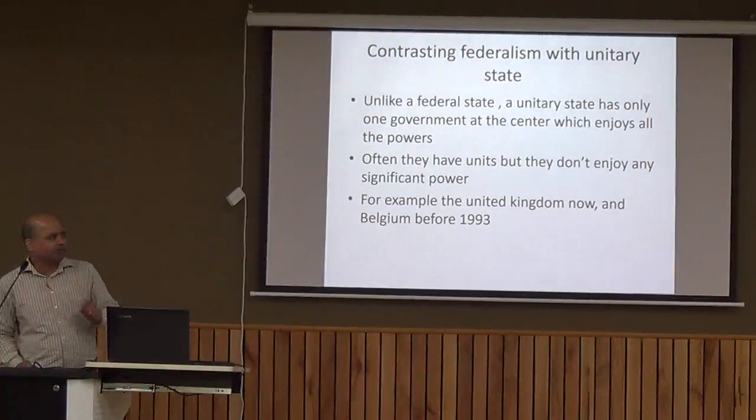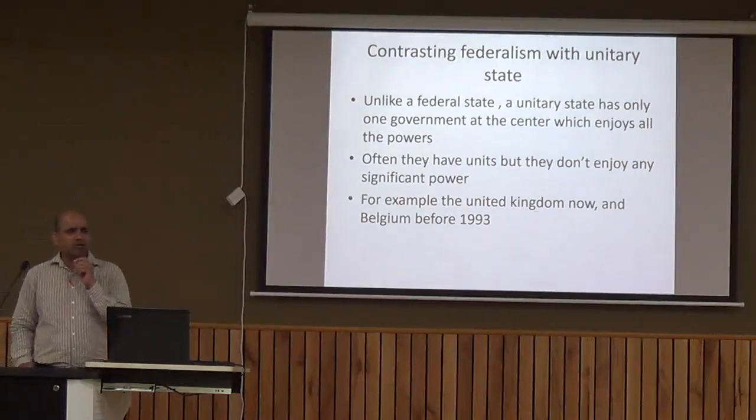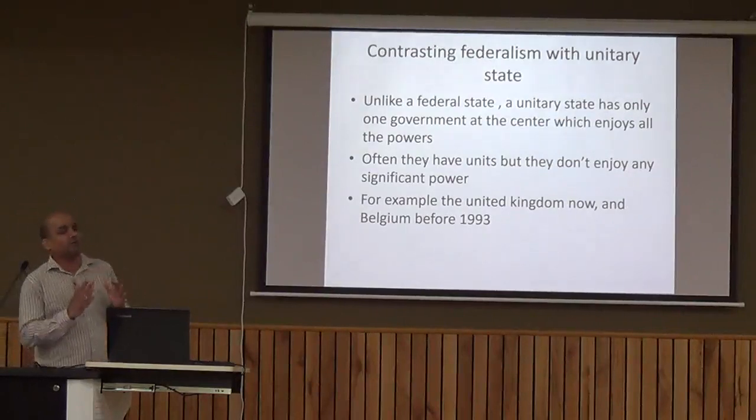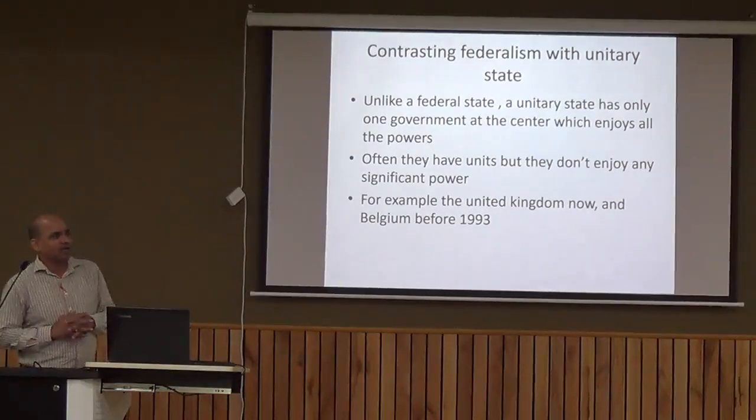Before understanding the federal system, you must know what a unitary state is. A unitary state is one where there is only one level of government, and all the powers are enjoyed by that level, usually the central government.